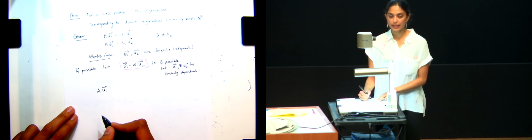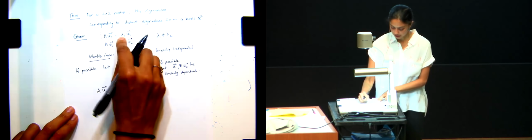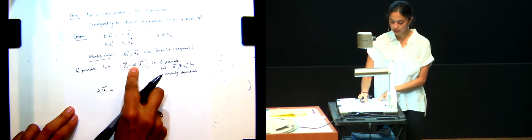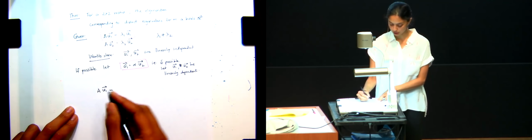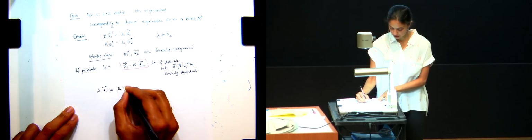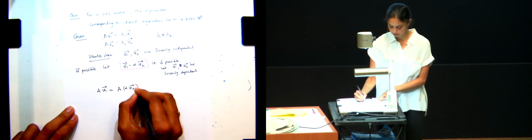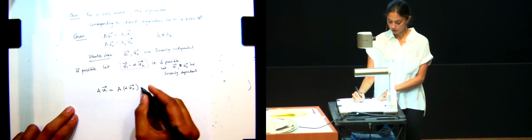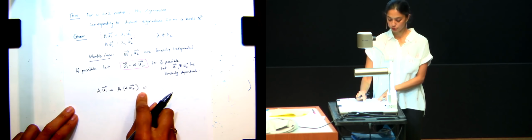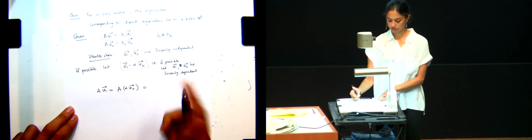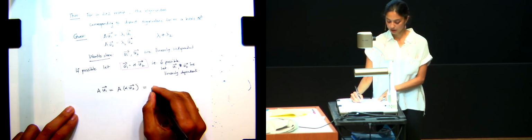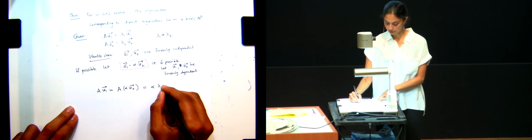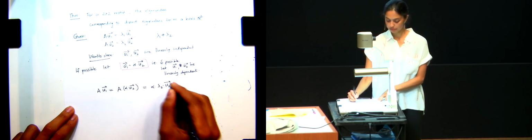One thing we know is that V1 is equal to alpha times V2, right? So this is equal to A times alpha V2. But what is A times alpha V2? What do we know from here? This is the same as alpha times lambda 2 times V2, right?